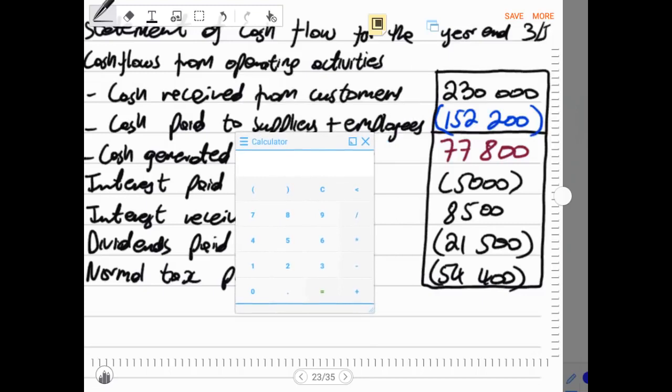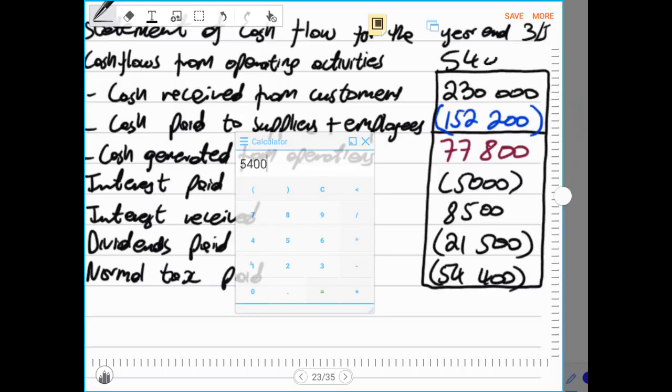That will be 77,800, which is cash generated from operations, minus 5,000, plus 8,500, minus 21,500, minus 54,400. This will give us an amount of 5,400 rands, and the 5,400 rands will be a positive amount.